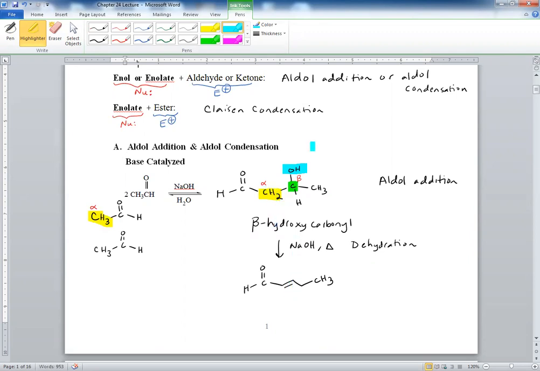If you lose the OH and an H here, then there has to be a double bond formed in between. So I'm going to show you here what's left over. You have an H, that's this H, and then there's another H. So one of the H's was lost. Actually, let me redraw this so you can see it better.